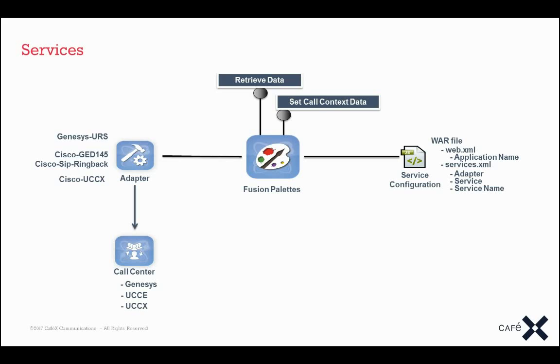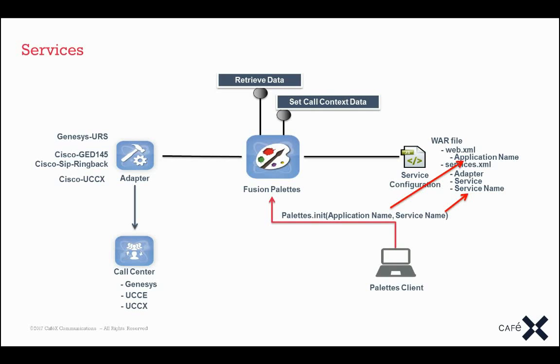So what does a palettes client need to do in order to interact with palettes? Well, to start with, it needs to initialize an application. To do this, it calls palettes.init and passes in an application name and a service name. Palettes will return an object which will be an instance of the adapter based on the application name that the client requested.